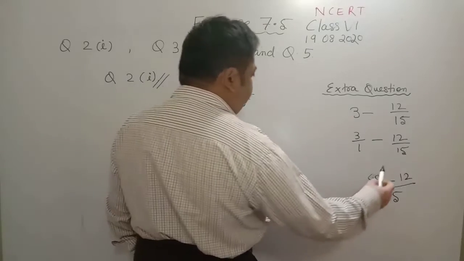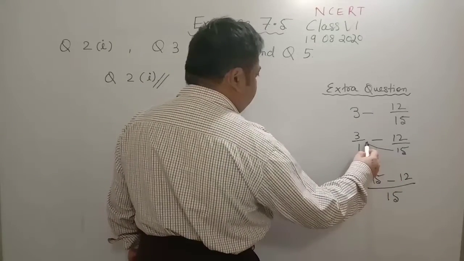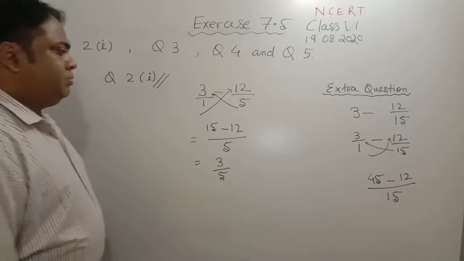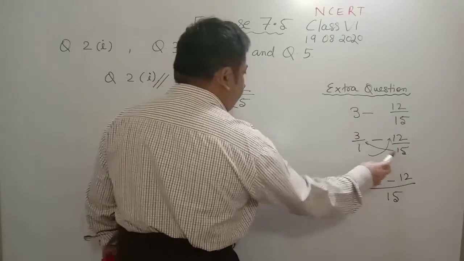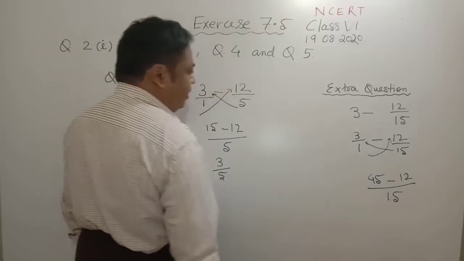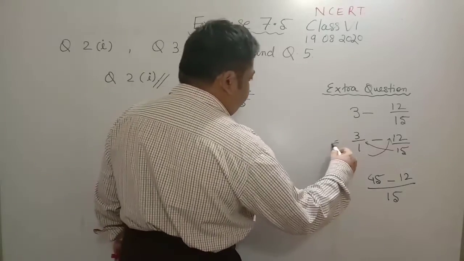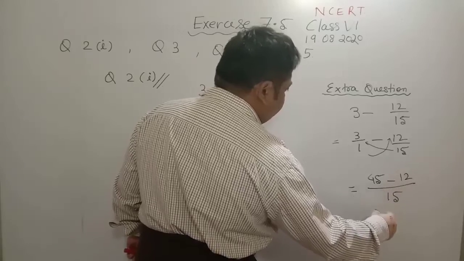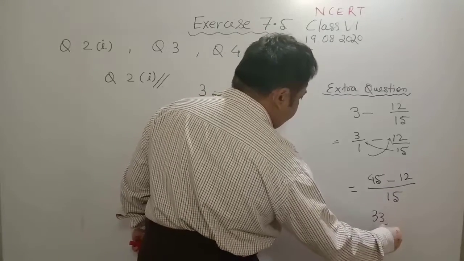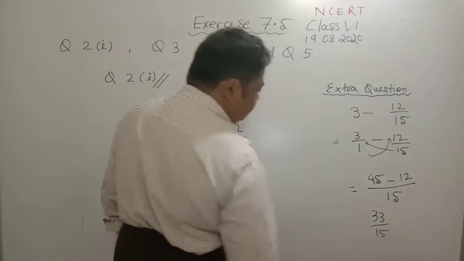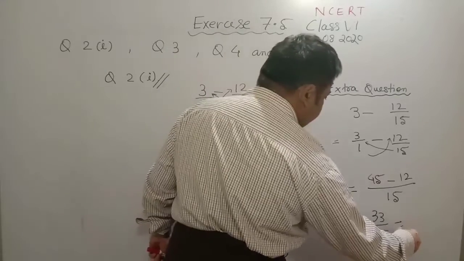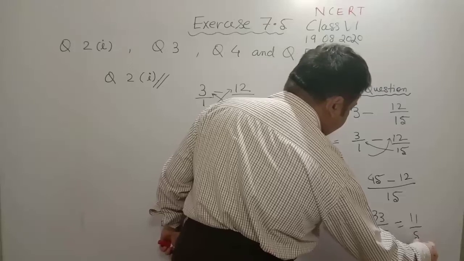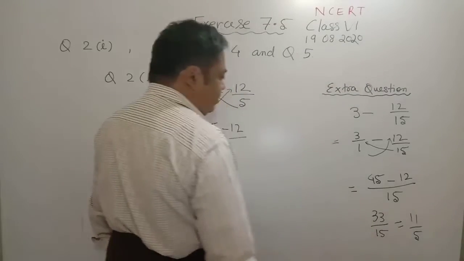Again we have cross multiplied. So this becomes 15 into 3 and this becomes 1 into 12. This is another trick. And here the answer will become 33 by 15, which will be equal to 11 by 5 if you divide by 3.